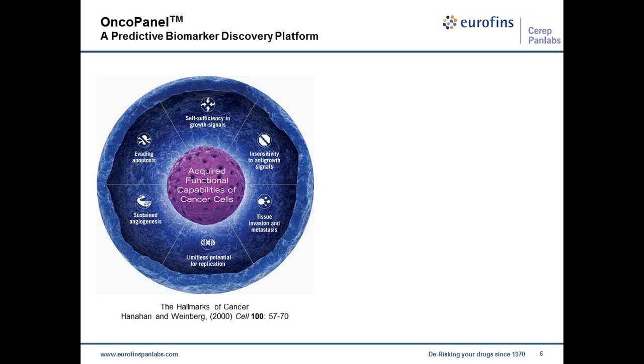These are sometimes referred to as driver mutations, and these provide cancer cells a selective advantage which allows them to do things like replicate beyond their architectural constraints and resist the body's safeguards against inappropriate proliferation. So these phenomena are now familiar to most of us and have been cataloged very nicely by Hanahan and Weinberg and termed the hallmarks of cancer. This was all published in a review now over a decade ago.